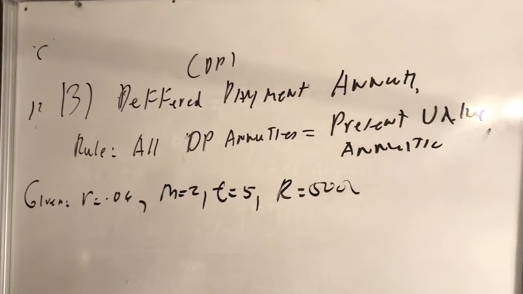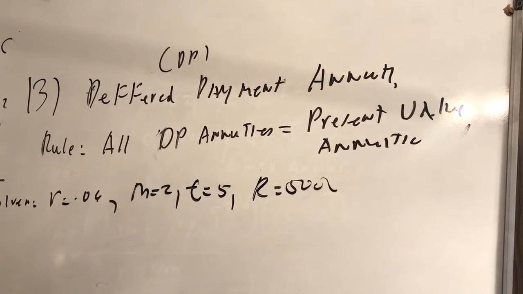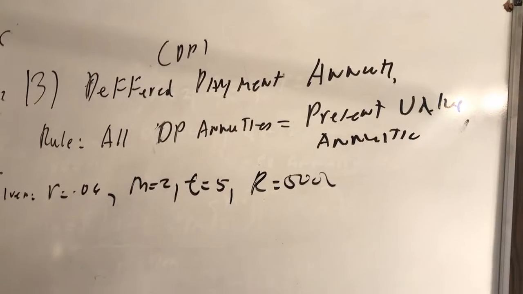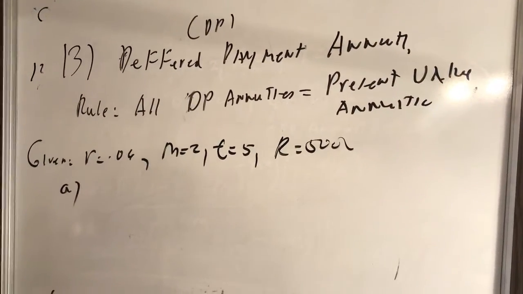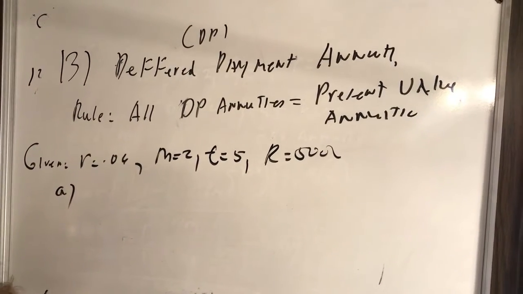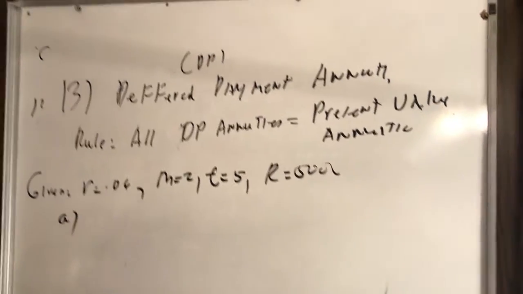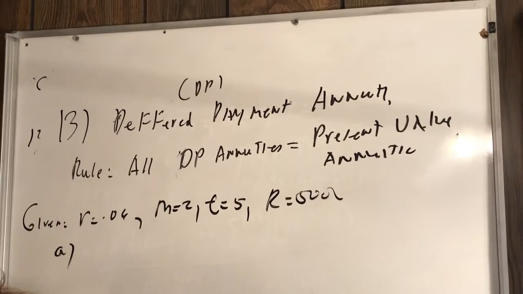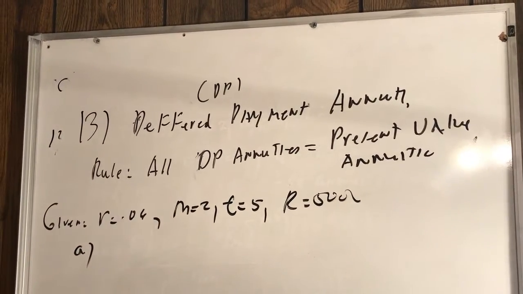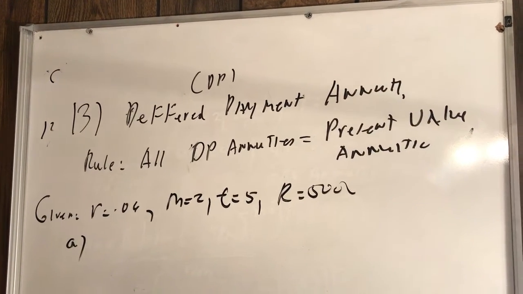Find the number of payment periods and the number of deferment periods. Well, let's see what we have here. This is where it gets a little hairy. But if you learn this, you'll learn a lot. Put down the givens first.